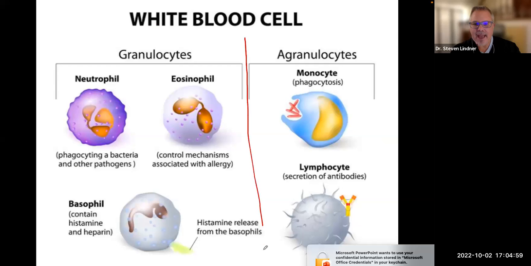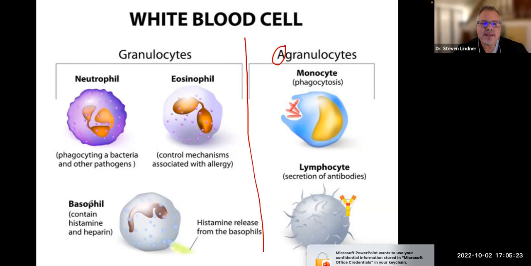So now we can take a closer look. On the left-hand side, we are looking at the granular sites, and clearly you can see in the cytoplasm of all three of these, we do have granulations, whereas the agranular sites without granules, the cytoplasm is free of any of those small speckled sandy type of granules.